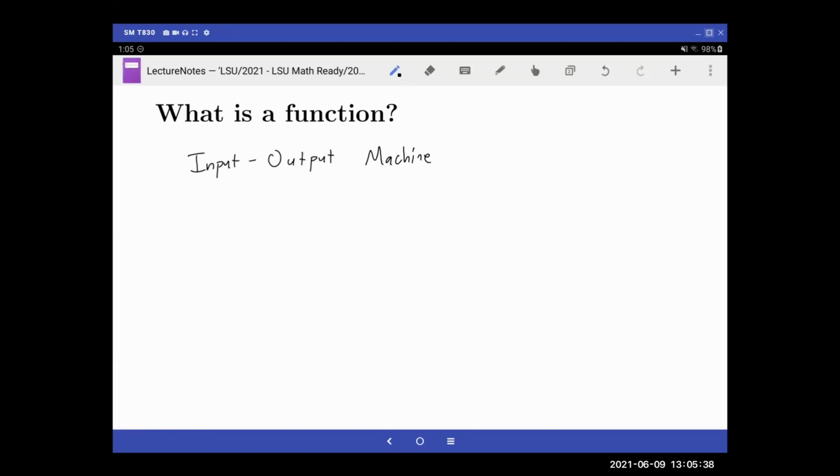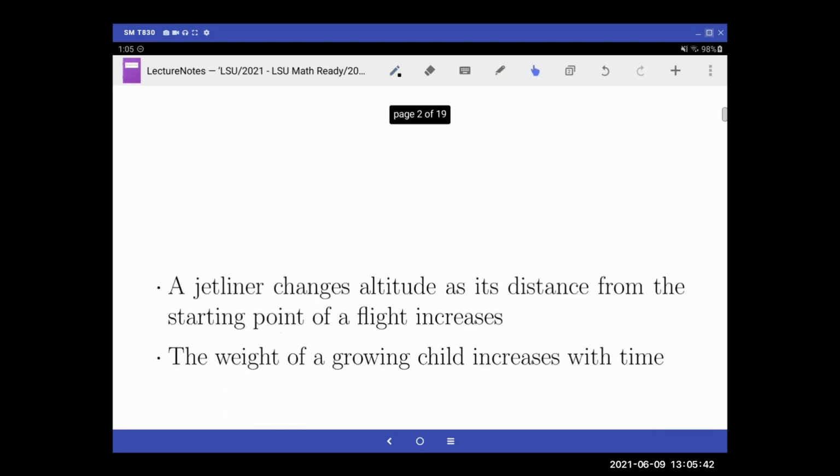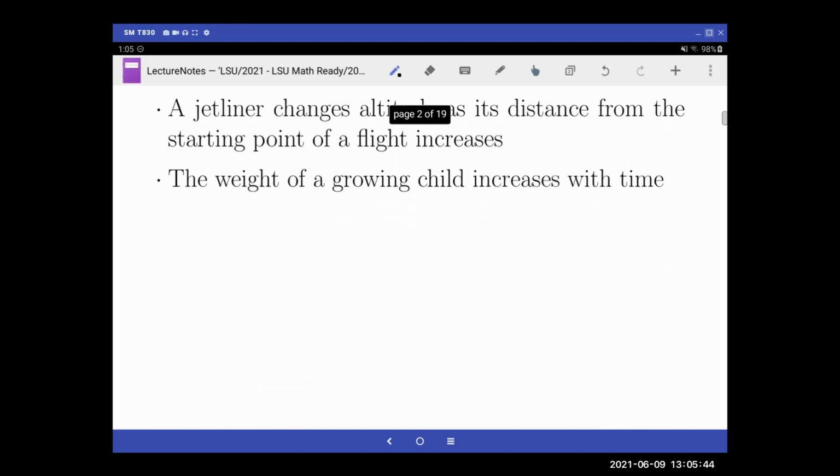And so there's a lot of different ways we can represent functions. For example, here are some functions that we can talk about, although these are completely in words. The jetliner that is changing altitude as its distance from the starting point of a flight increases. So you think about a graph here, where the x-axis would be a distance, and the y-axis is another distance, but we're talking about vertical distance, so altitude.